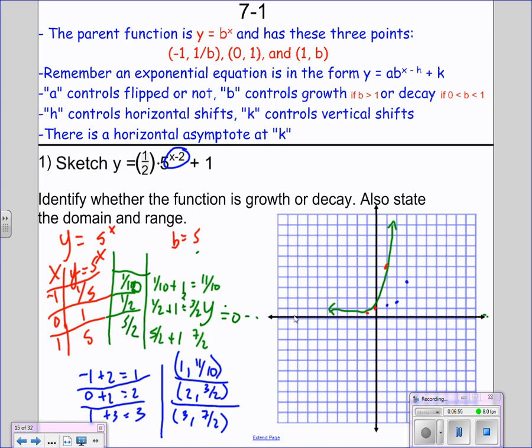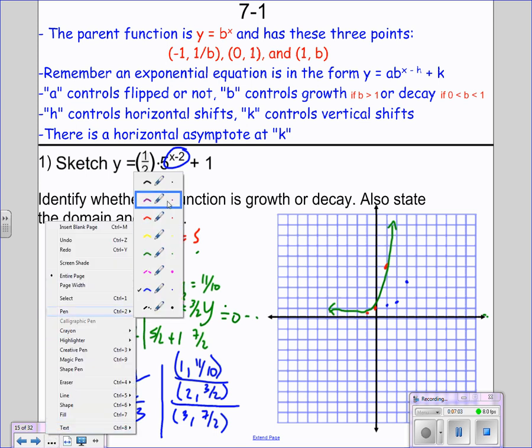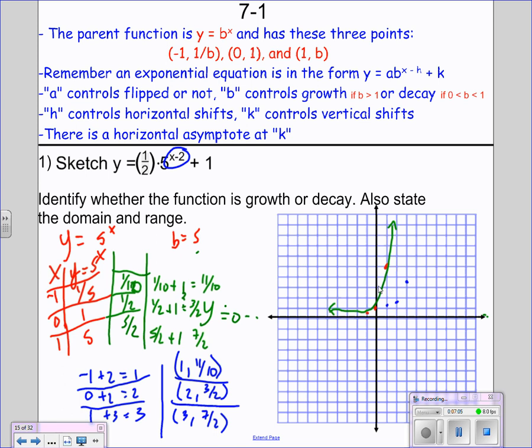My new asymptote is at +1 because k was +1. So this is the new asymptote, y equals 1. And my new graph cannot touch it, but it can get close.